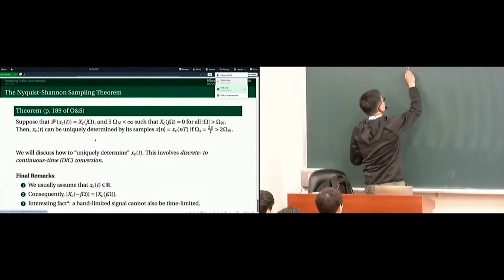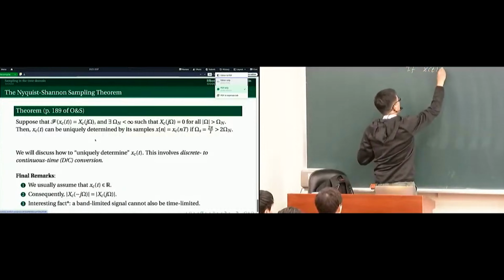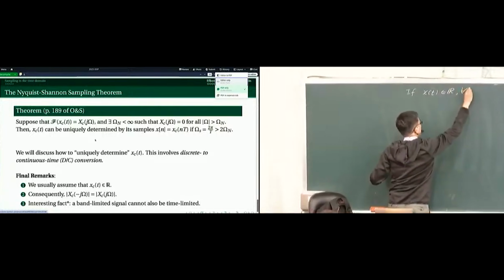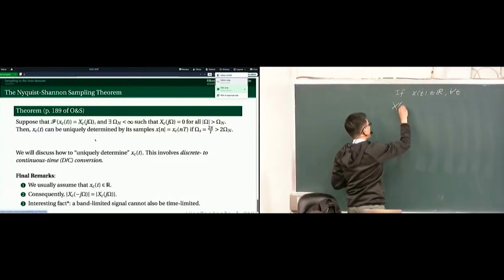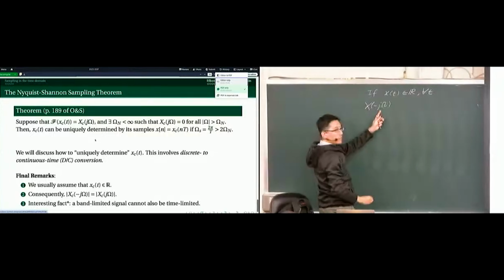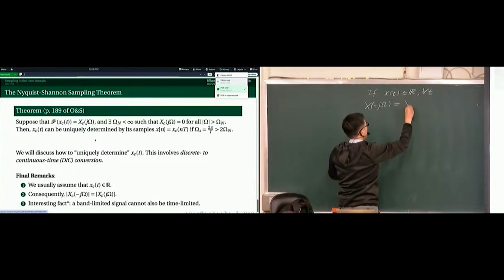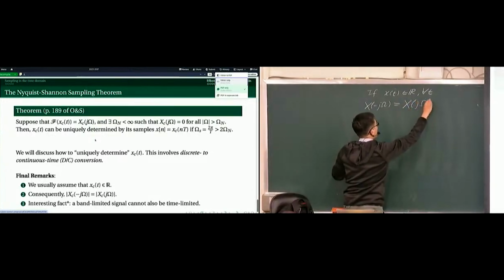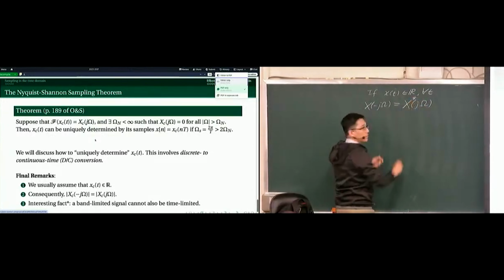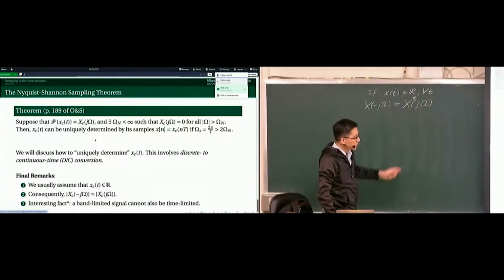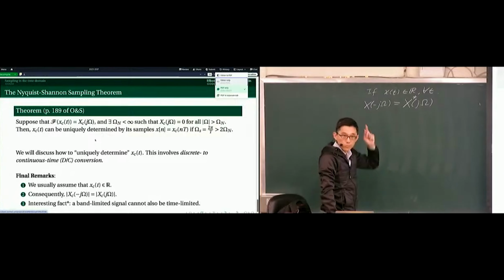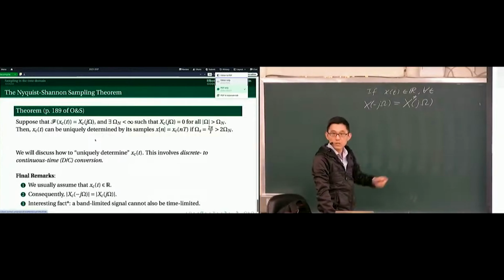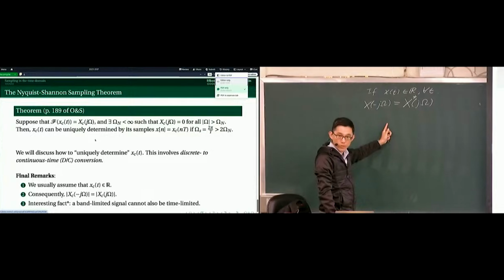If x is real at all t, then the spectrum evaluated at the negative frequency is going to be the spectrum evaluated at the positive frequency with a conjugate. Because of this symmetry, it can be easily shown from the definition of Fourier transform. This is a fairly trivial property. So I want you to make sure that we all know that.